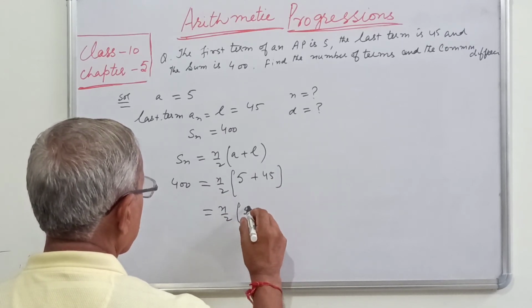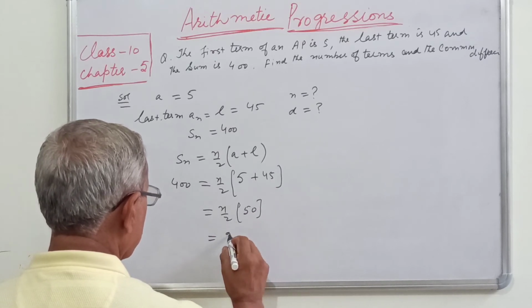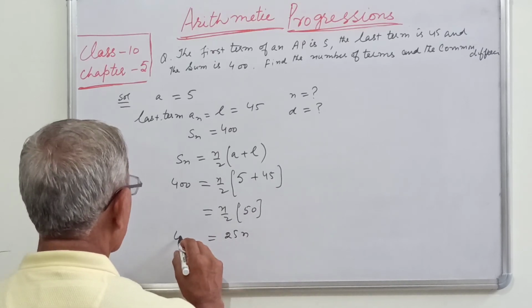ऐड करके आया 50. सो ये बन गया 2 से कैंसिल किया 25n is equal to 400.